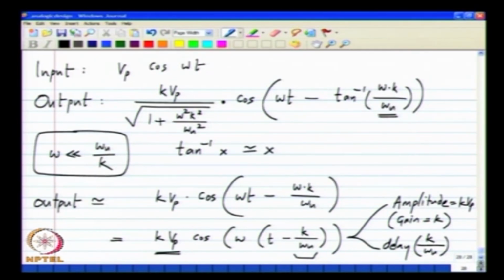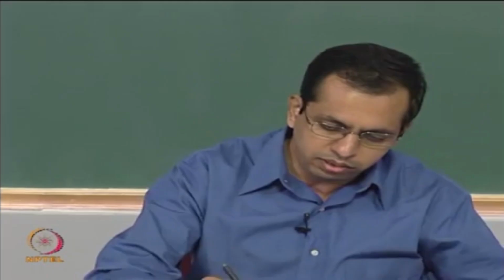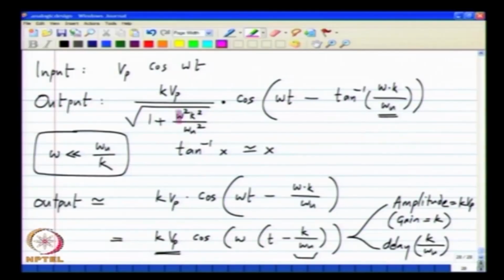So, again this is the approximate behavior of the amplifier for frequencies much smaller than the pole frequency or the 3 dB bandwidth of the system, okay. For these frequencies the output can be approximated by neglecting the omega square k square by omega u square term, as well as approximating the tan inverse by the argument of the tan inverse.